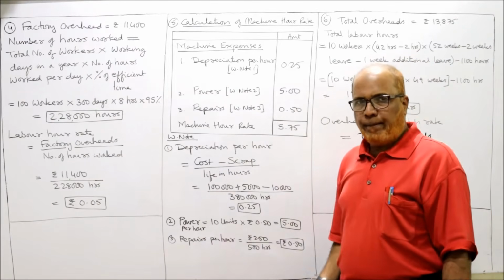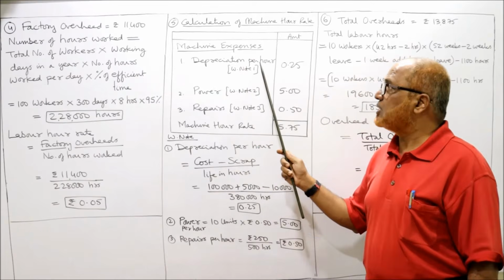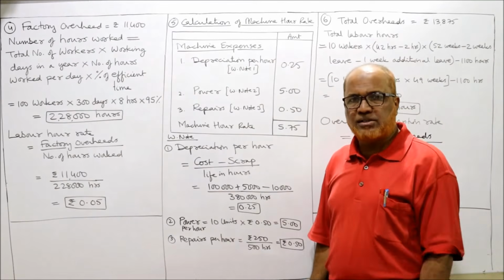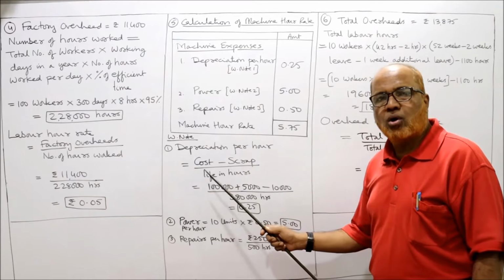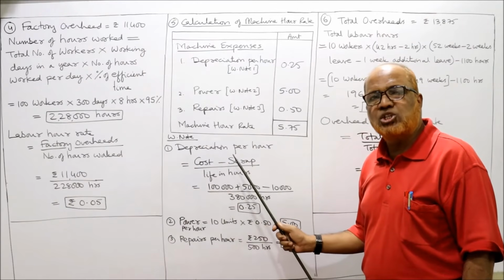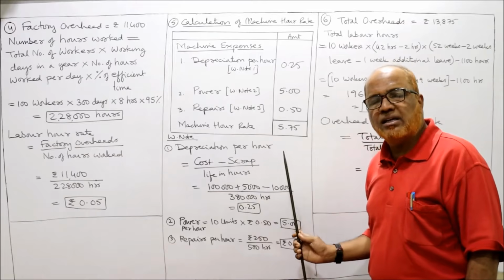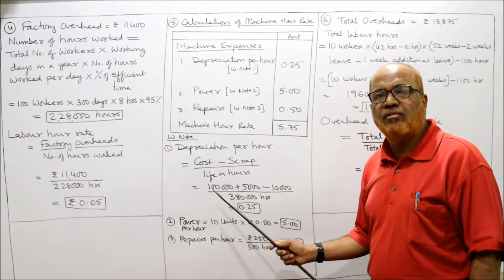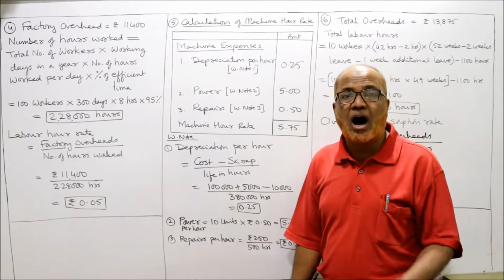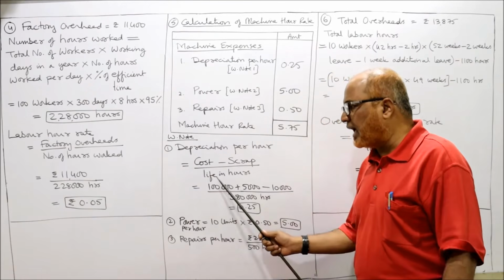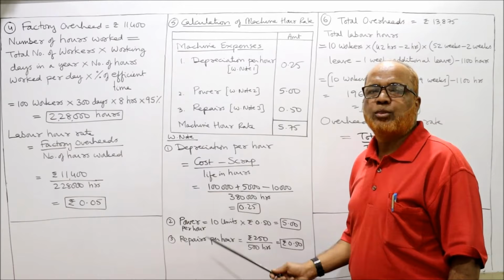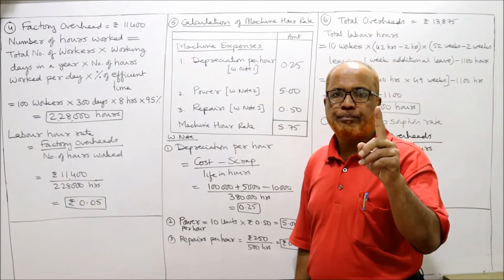Now we'll see one by one. First is depreciation per hour. How much will the depreciation be in one hour? Remember the formula: depreciation per hour is equal to cost of the machine plus installation charges minus scrap value, divided by life in hours. If we take life in years, you will get depreciation per annum.